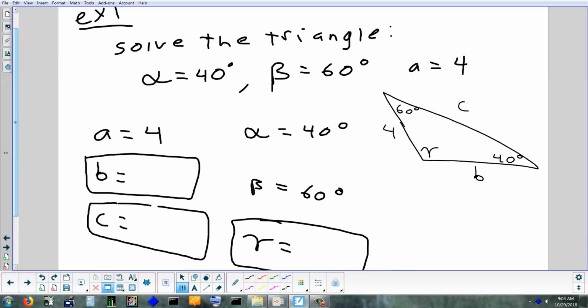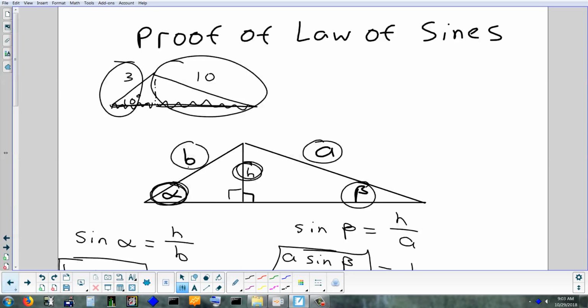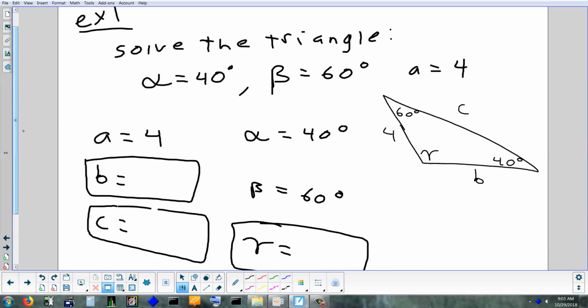Okay, so now if you look at the information you have, they've given me two angles and a side. Did they give me the side that's between the two angles? Or did they give me the side that's not between the two angles? Not. It's not. C is the side that's between the two angles.